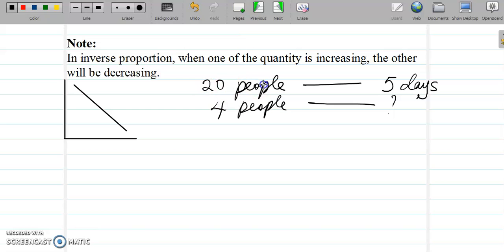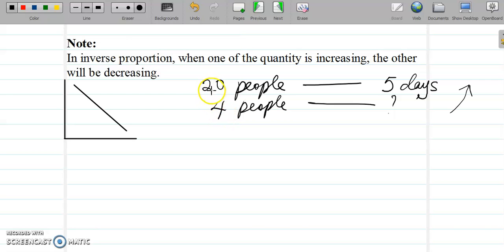You can see that if 20 people can do a work in 5 days, now the number of persons doing the work has decreased to 4. That means the number of days, will it increase or decrease? Tell me. That's fine. The number of days will go up. It will increase because the number of laborers has decreased to 4.